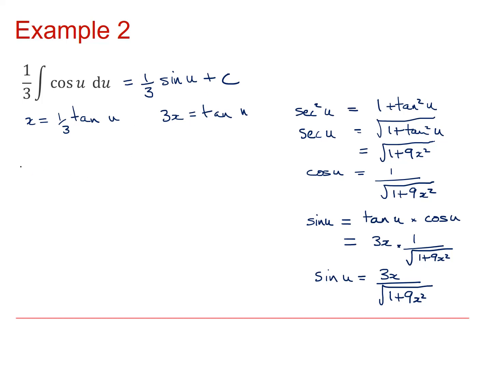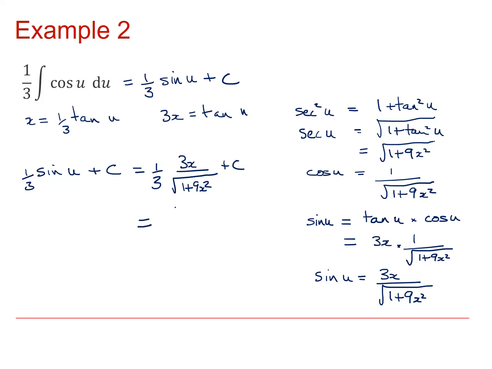I've now got that my integral, which came out at 1/3 sine u plus c, substitutes back to 1/3 of 3x over the square root of 1 plus 9x squared plus c.